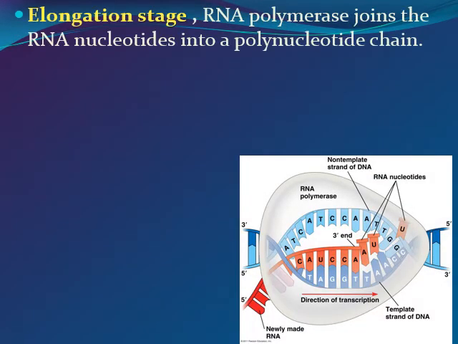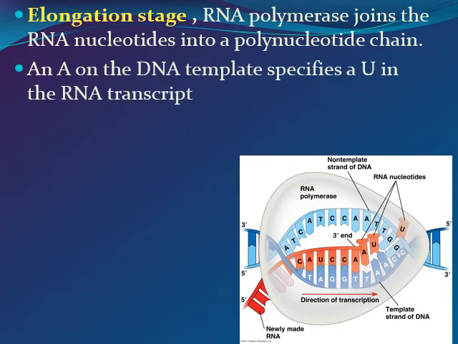In the elongation stage, RNA polymerase joins the RNA nucleotides into the polynucleotide chain. The rules of base pairing in transcription are the same as in replication, with one exception.